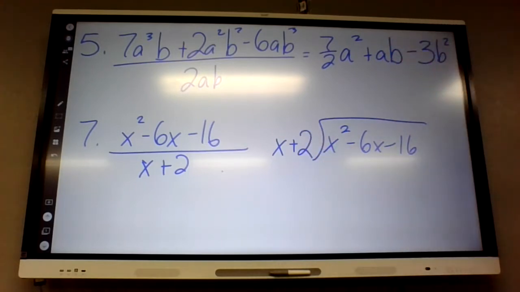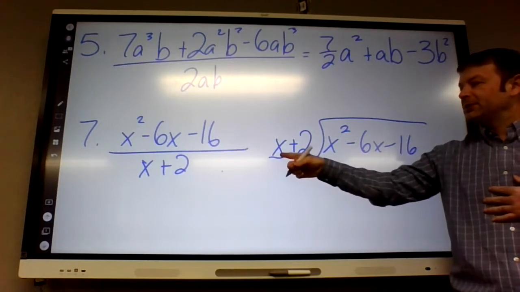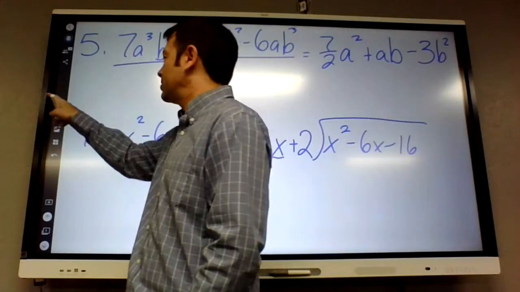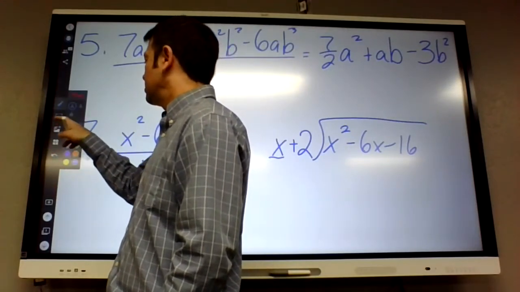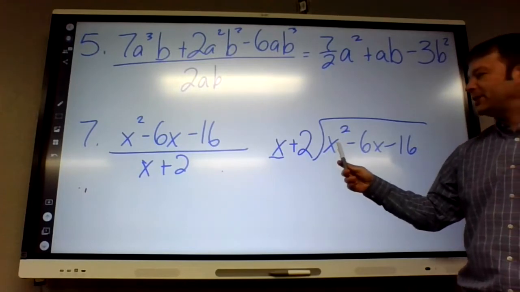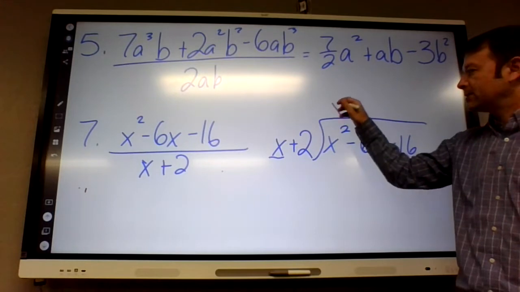Okay, are your brains ready for this? No. Okay, here's what you do. You look at this first term, x. X times what equals x squared? X times x. So it's basically x squared divided by x.